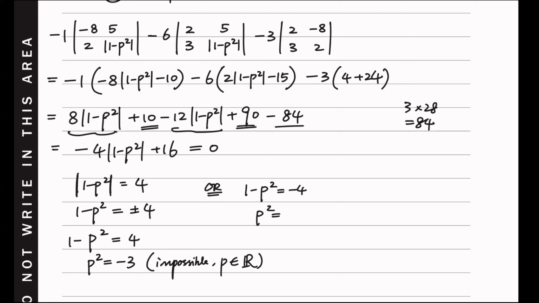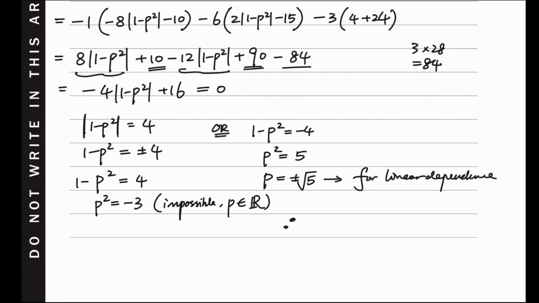Therefore, p squared equals 5, and p equals plus or minus root 5. But these two values are for linear dependence. Therefore, since the question says independence, we must exclude these two values. For linear independence.